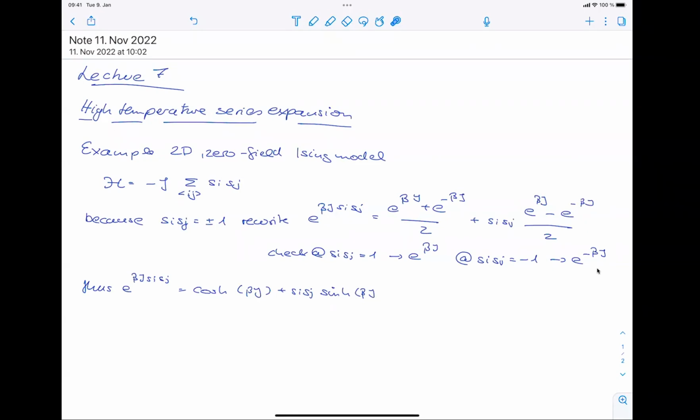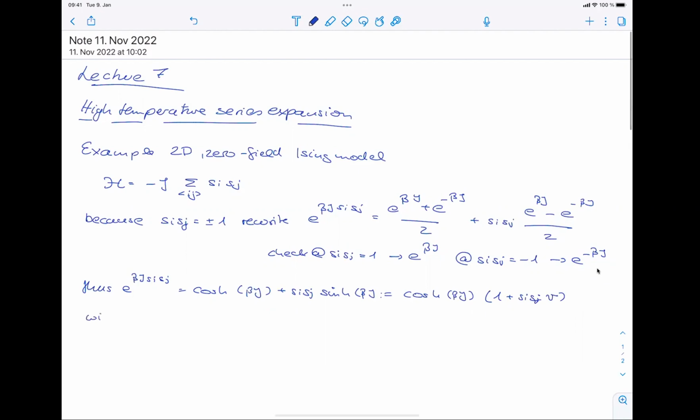And now I'm gonna define this as cosh beta J times 1 plus Si Sj times V, and V is a new variable that I'm introducing here, and that's my high temperature expansion variable.